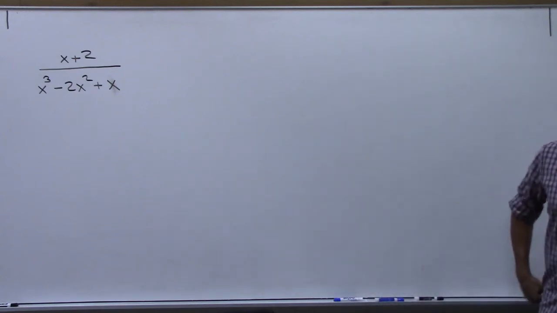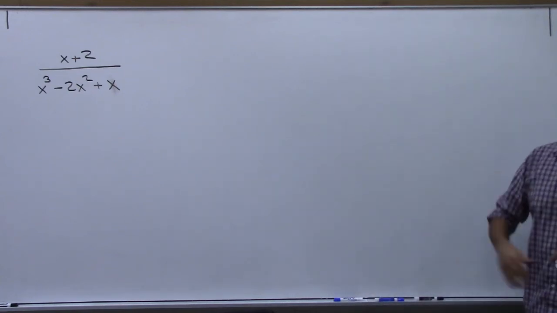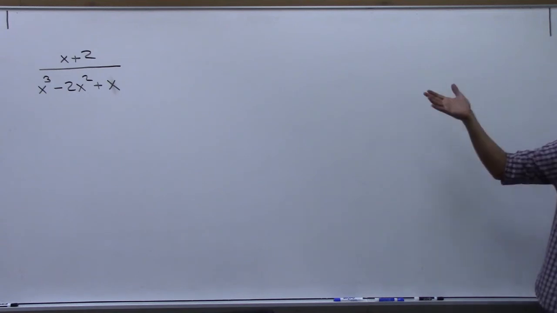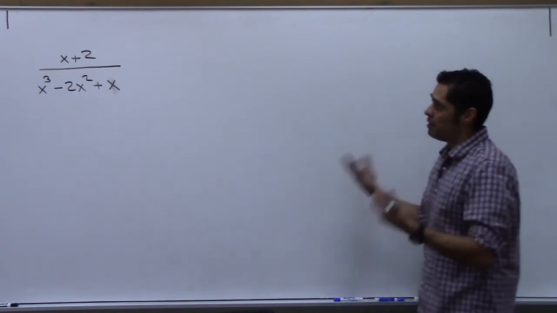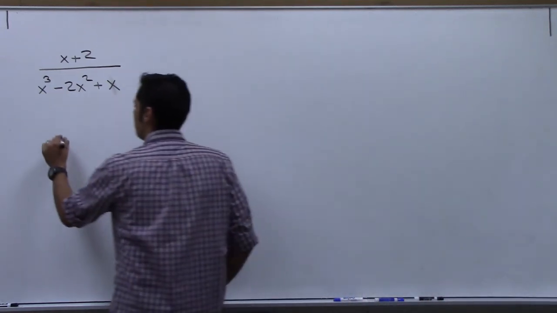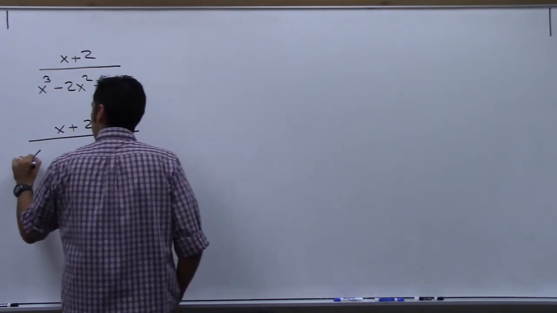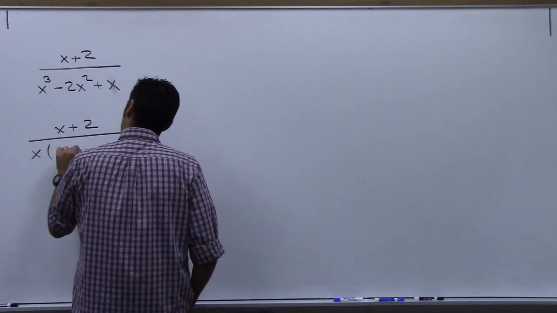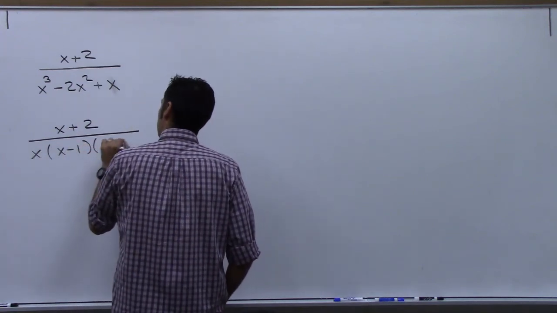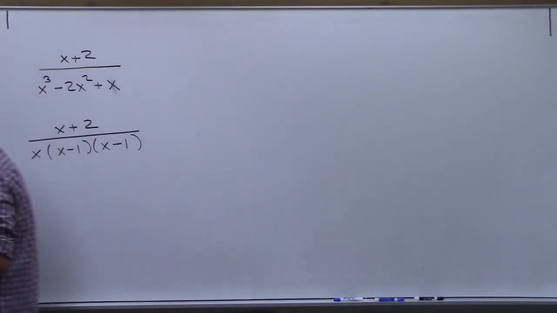So we look at it, we say, yes, this is a rational expression. Degree of the numerator is less than the denominator, so I can continue. I factor the bottom. The bottom completely factored should give you x times x minus 1 times x minus 1.